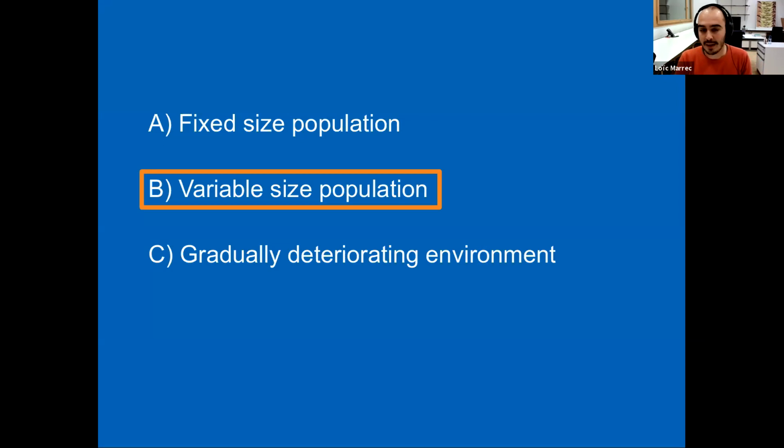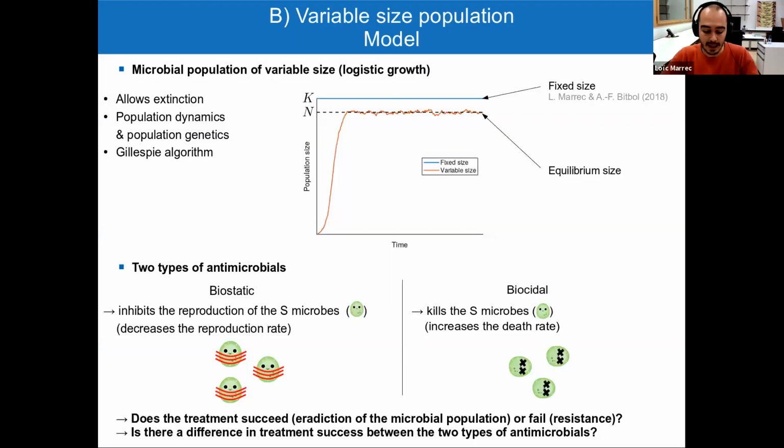Now I'm going to deal with microbial populations of variable size. Why? In the previous part, I worked with populations of fixed size, but as you know, many drugs are designed to make the bacteria die. So it would be very interesting to take into account extinctions, and to do so we need to relax this constraint on the population size.